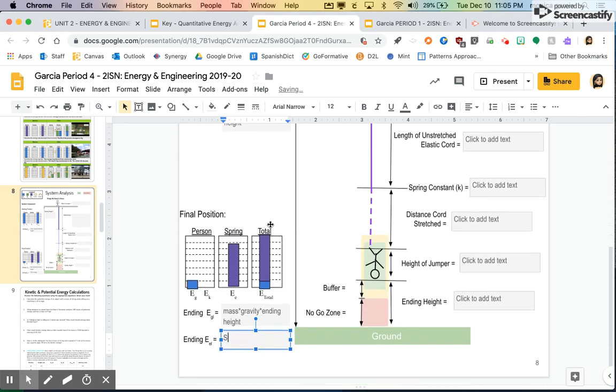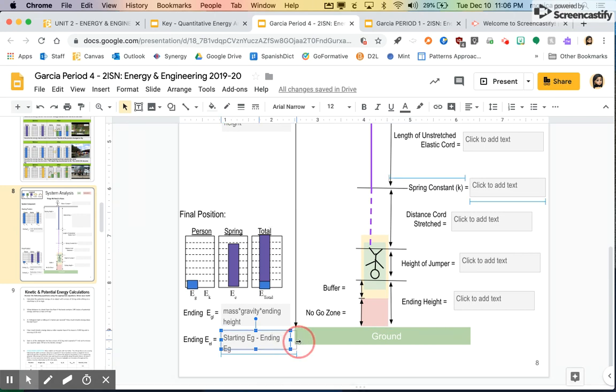So we're going to take the starting EG, which is the same thing as the total because total is made up of the starting EG, minus the ending EG. Essentially what we're doing here is we're looking for the, quote, missing energy. But remember that this energy is not really missing because of the law of conservation of energy, right? That tells us that we can't create energy, we can't destroy energy, so we have to account for it somehow. So we have some energy here, and then the rest of it we find by subtracting it from the original total.